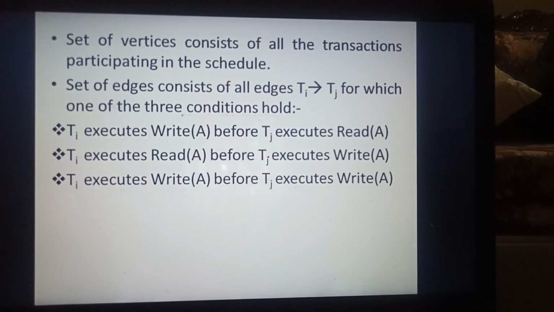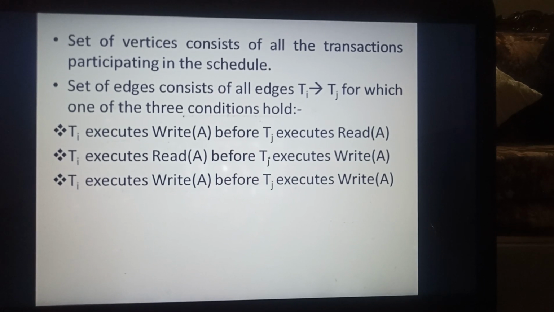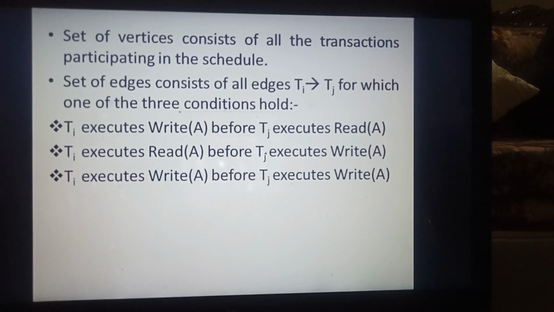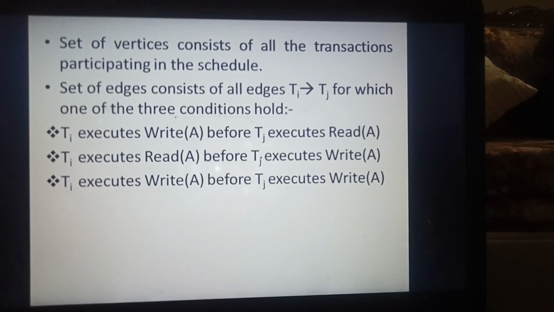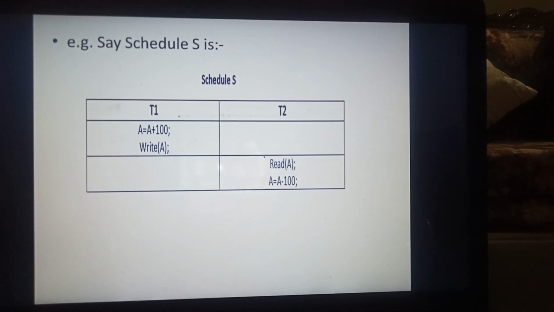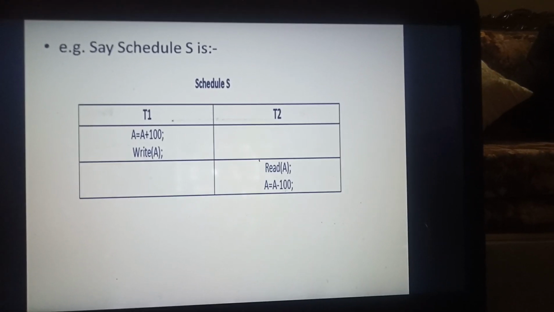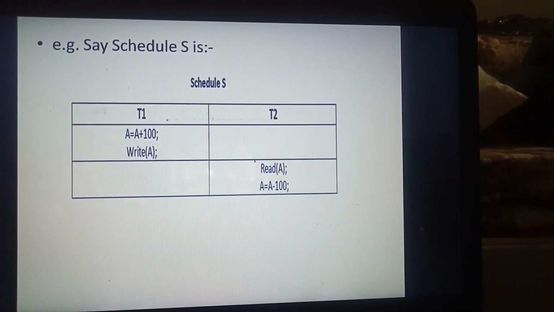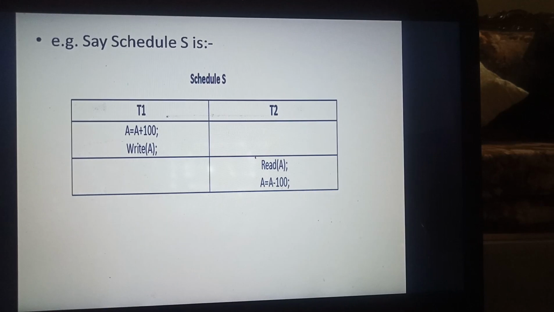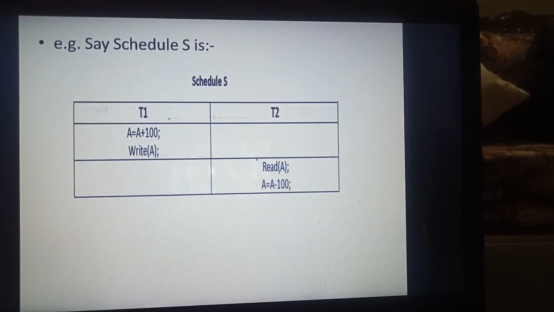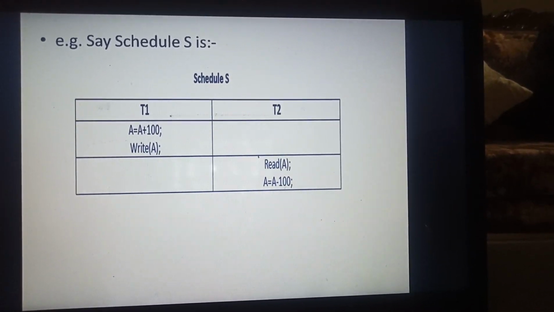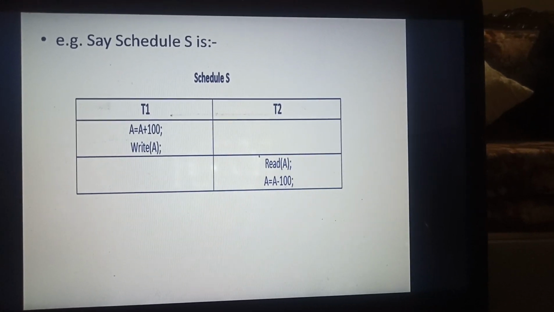This means that the transaction which is executing the operation first, the edge will start from that transaction only. So we will keep this in mind when we draw the precedence graph. Now suppose there is a schedule S in which there are 2 transactions. So we will have 2 vertices in the precedence graph, T1 and T2. And as you can see, transaction T1 is executing its operations first.